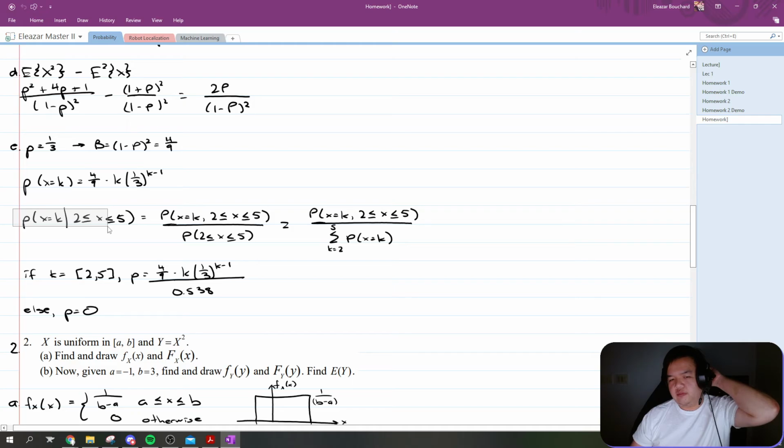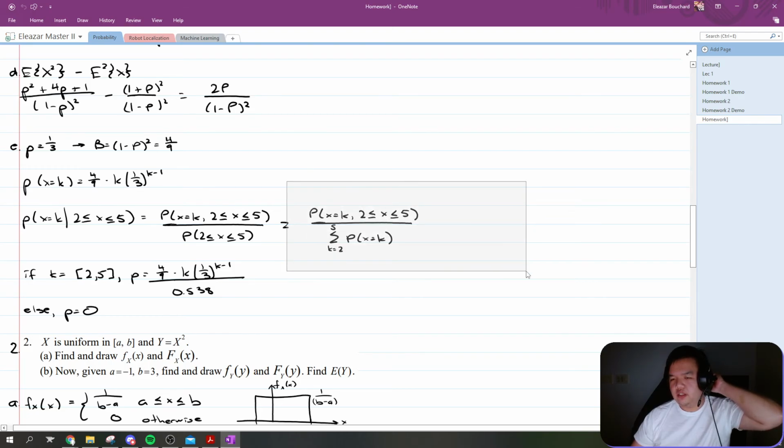So we have the probability of x equals k given that x is between 2 and 5. This equals the probability of x equals k and 2 is less than or equal to x less than or equal to 5, over the probability of 2 less than or equal to x less than or equal to 5.